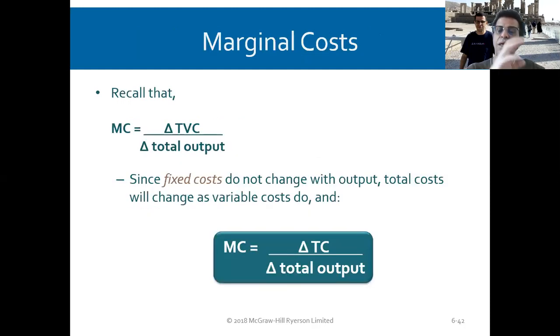Now, in the marginal cost, we said it is the change in the total variable cost when we add one more unit, over the change in total output. And since the fixed costs do not change with the output, the total cost will change as the variable cost does.